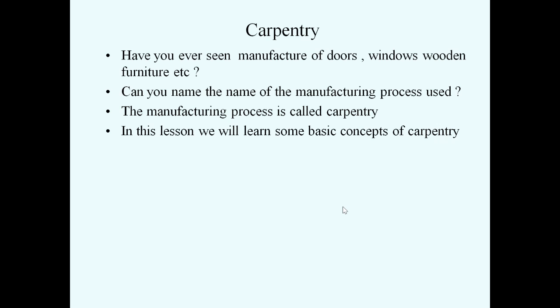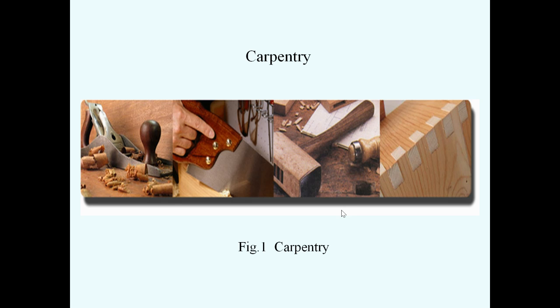In this lesson, we will learn some basic concepts of carpentry. So first of all, this is a figure from a carpentry workshop. Here they are doing some work. They are preparing some wood components.